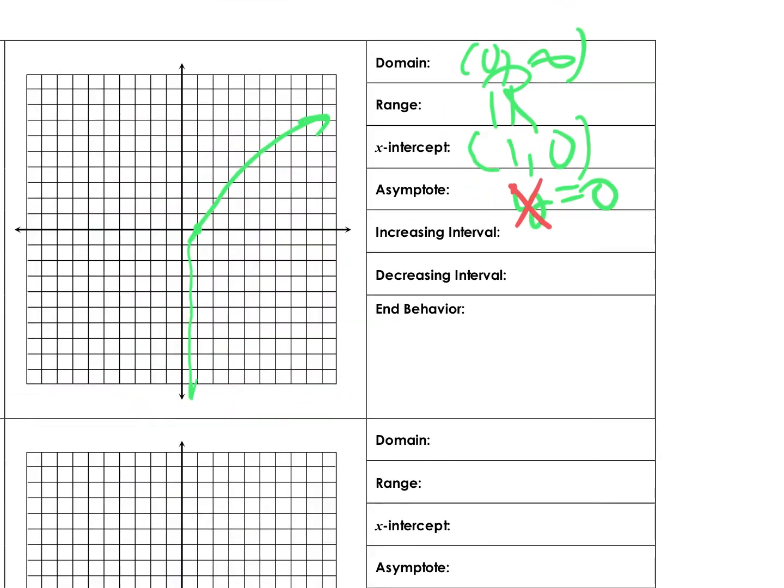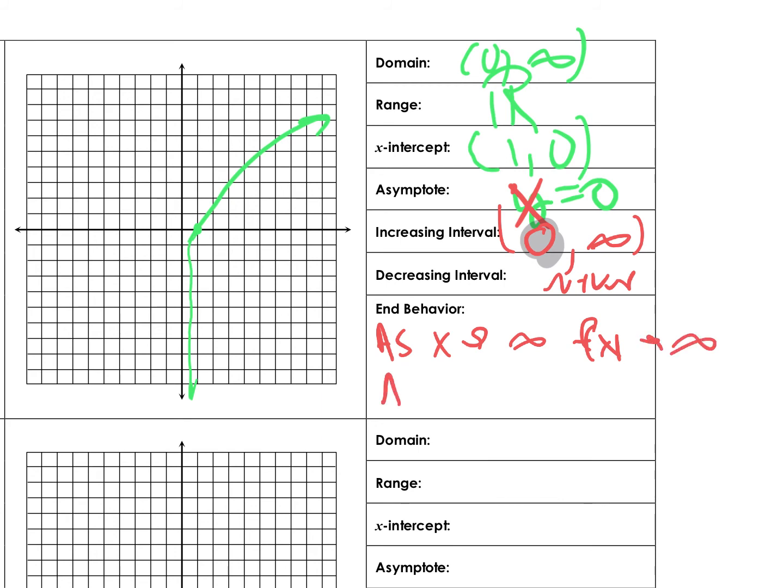Increasing. It's always increasing. From 0 to infinity. Never decreasing. As x approaches infinity, f of x approaches infinity. As x approaches the left, negative infinity, well, again, it never can approach negative infinity.